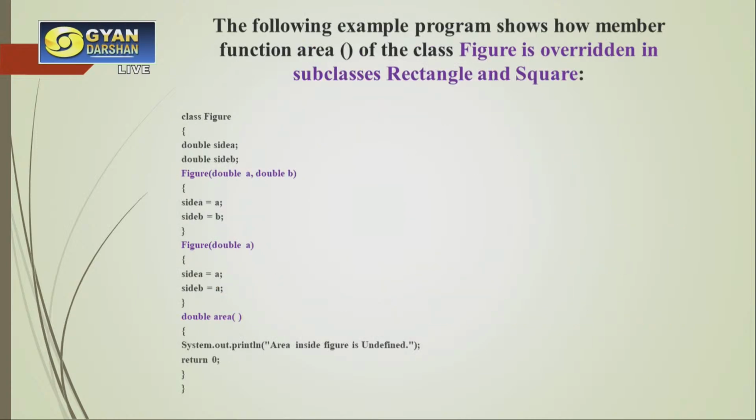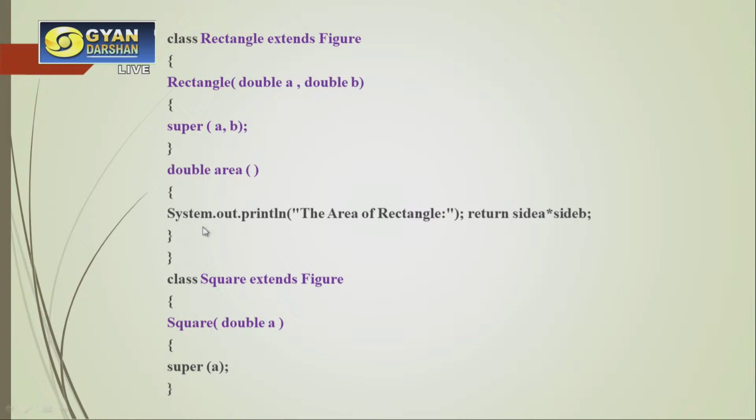Here is another example, which I am just showing you, and you can experiment with it. Here is a figure class. This figure class has its own implementation, with constructor overloading and some methods. Then you derive different types of figures, and you override the implementation of the parent method, that is the area.